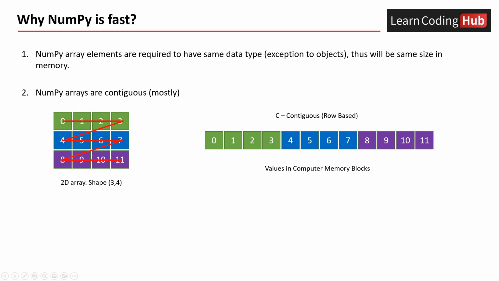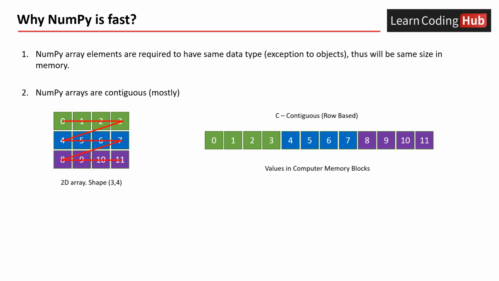The values are stored in memory next to each other. So there will be the first row, then the second row, then the third row, and when the computer reads it, it is a lot quicker from a performance point of view to read just the next memory block, because it knows where it is.